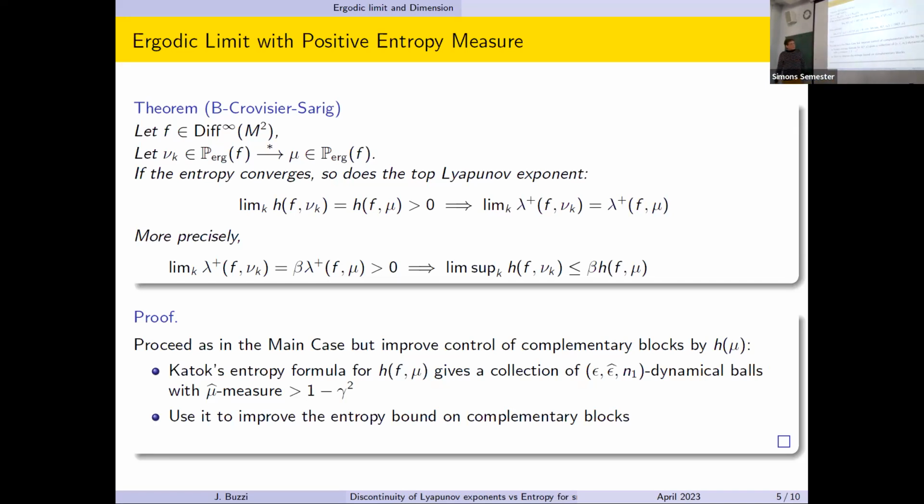It will tell you that when nu_k is weak-star very close to nu, it will see the same dynamical balls most of the time, and from that you get that during the complementary intervals between neutral blocks, you are bounded not only by the topological entropy, but by the entropy of the limiting measure.